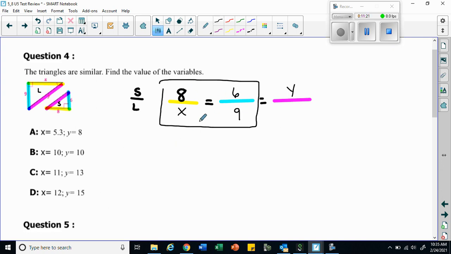So if I cross multiply these, that's going to give me 6x. If I cross multiply these, that's going to give me 72. And then I'm going to do the work and divide.